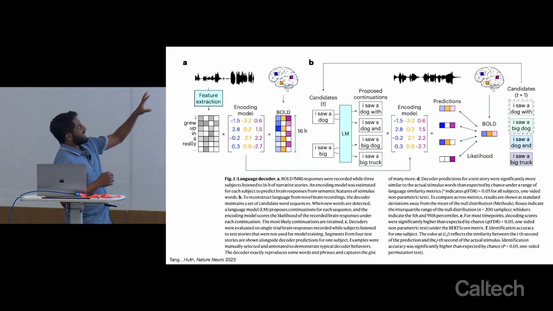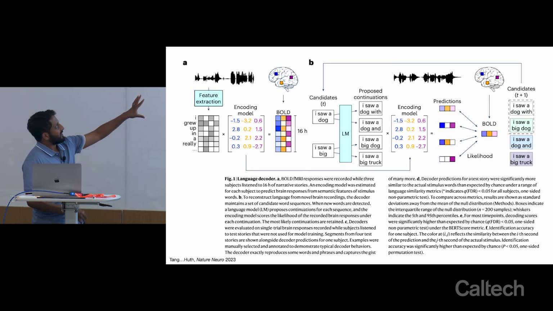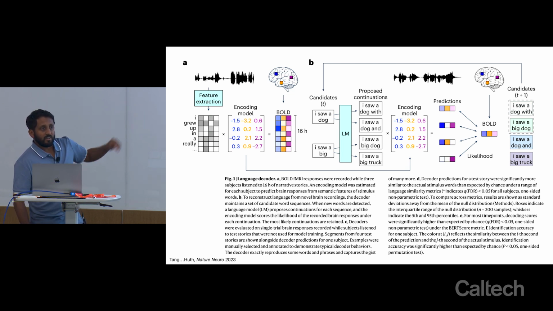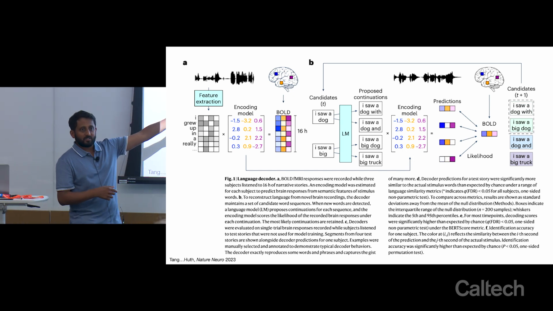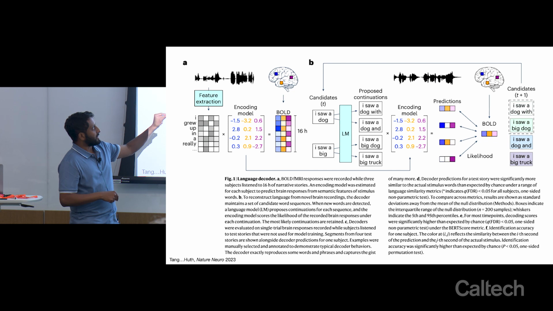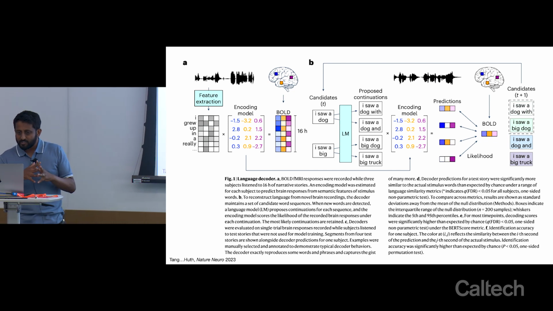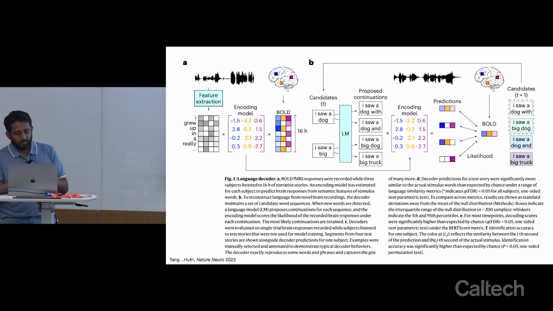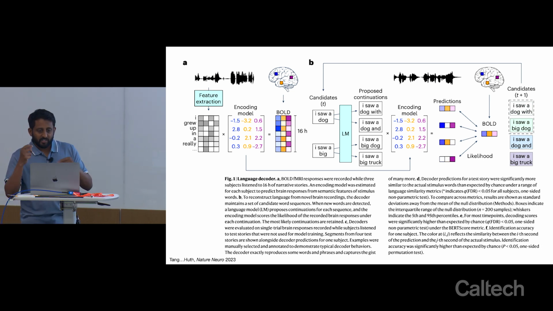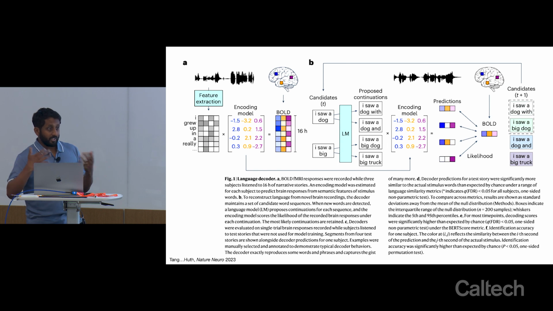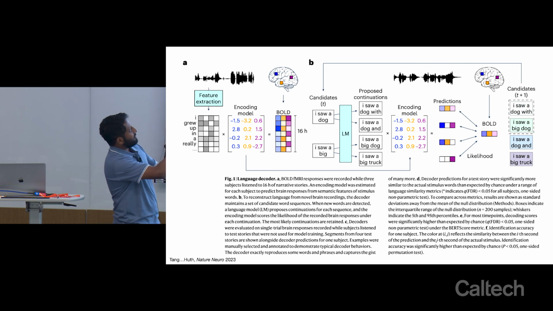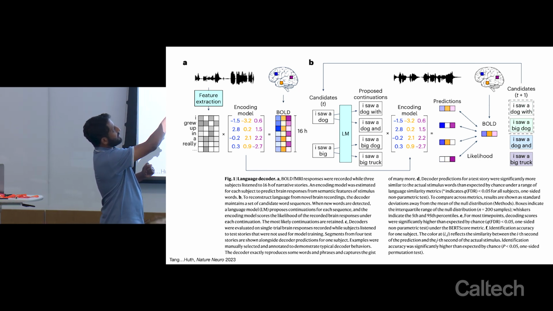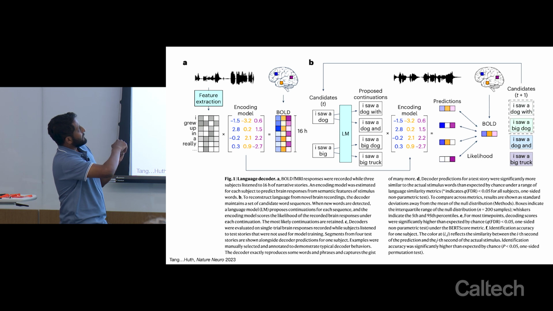So very similar setup. You've already seen the thing on the left here, which is the encoding model. They take recordings, they have a word embedding, they learn a mapping onto the BOLD response, like a voxel-wise mapping, okay? So that's exactly what we talked about before, with maybe some different word embeddings. But the key thing they're adding here is the language model. Given a sequence of words like "I saw a dog," you have candidate words or candidate sequences.